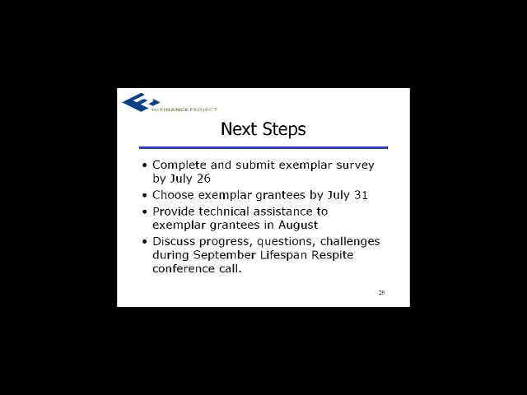We used this approach in another technical assistance project that was a blend of webinars and work in between the webinars with exemplar grantees, and it was really wonderful for peers to hear from colleagues about how this process really went.